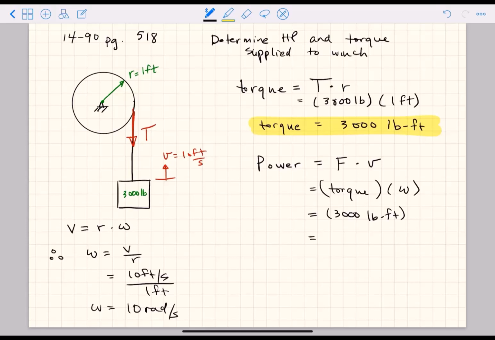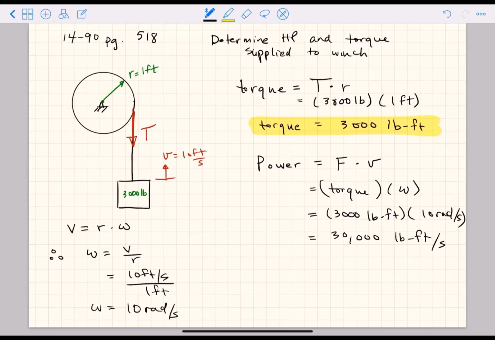So we're going to take our 3,000 pound-feet and multiply that by 10 rads per second. And remember, a cheap way of looking at it would be to say that rads isn't really a unit. So what we would be left with is 30,000 pound-feet per second.